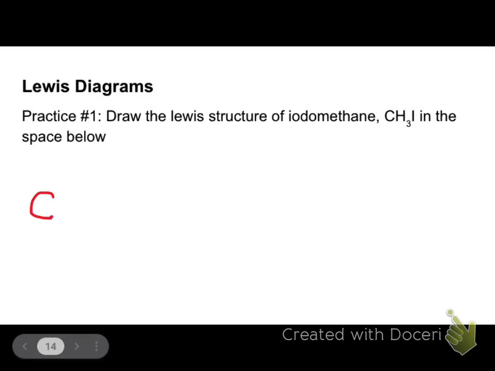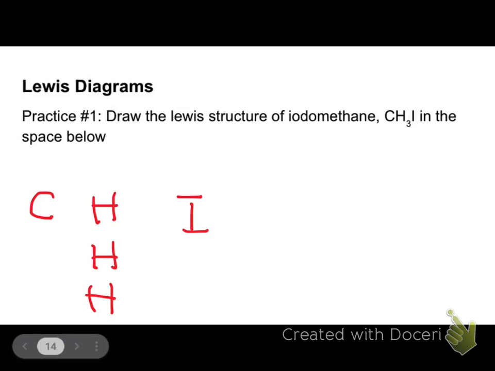I have 1 carbon, and I have 3 hydrogens, right? And I have 1 iodine atom. Okay, now you don't always have to draw them all out like this, but because we have so few, I'm just doing it. Okay, what's next step?